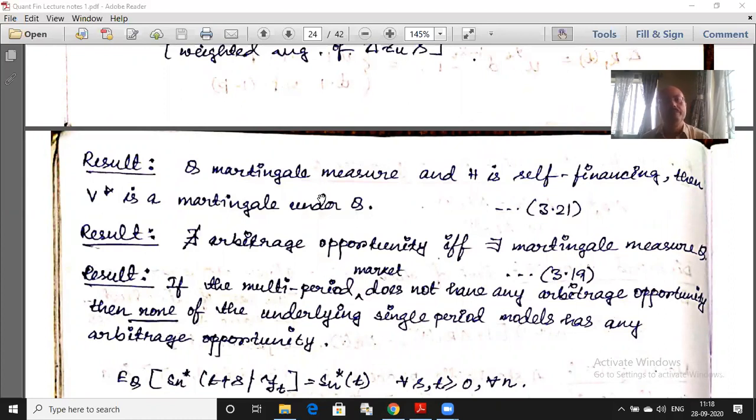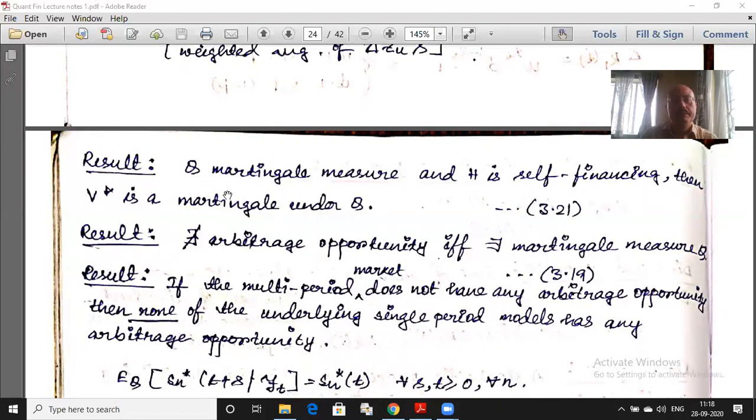Is this result clear? Yes, sir. Okay, thank you. So this is 3.21. I am still following the book, Pliska chapter 3, so I am mentioning equation numbers in some places.